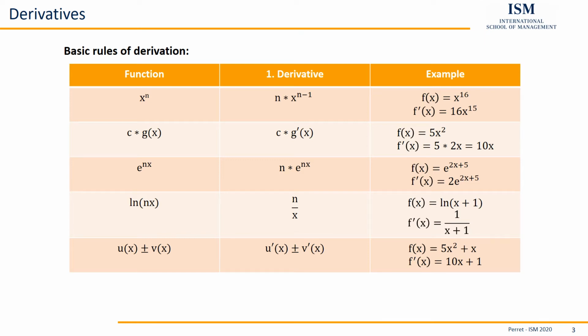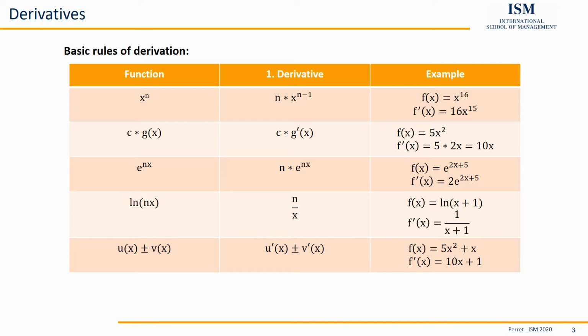Okay, and for the logarithm, the normal function is the logarithm of x, and the derivative thereof is 1 divided by x. If I have the logarithm of n times x, the derivative actually is n divided by x.